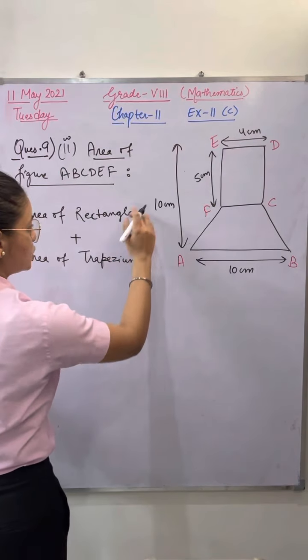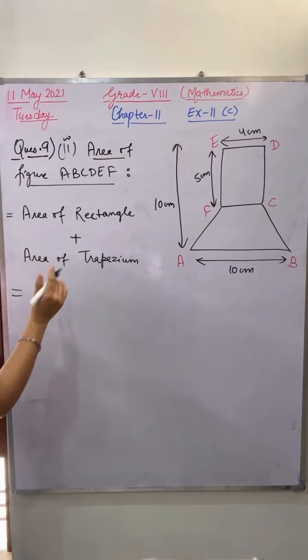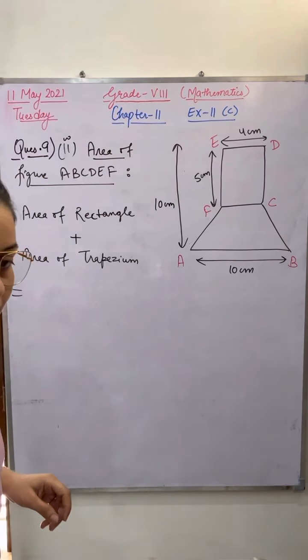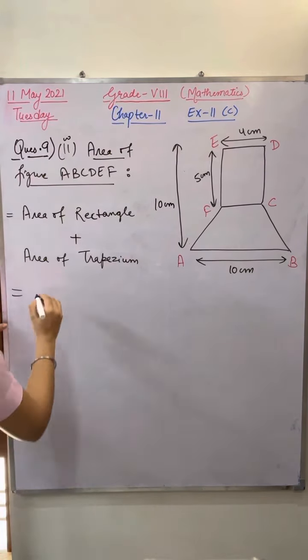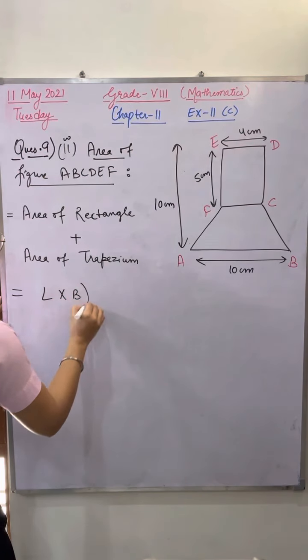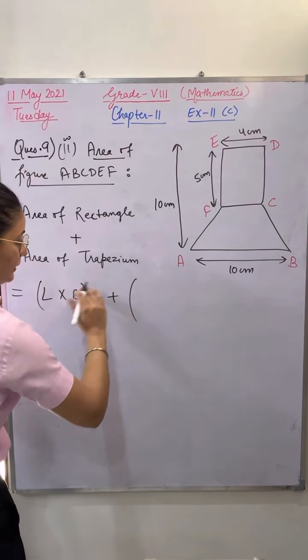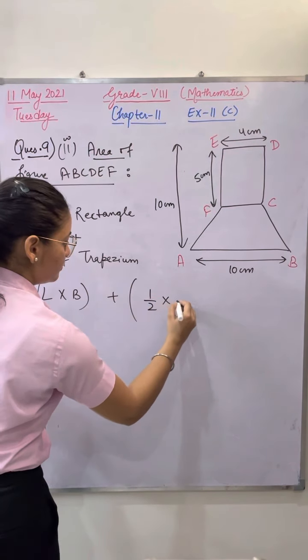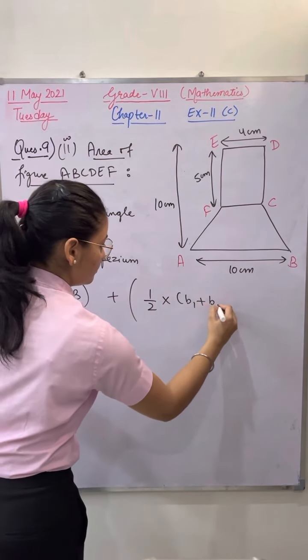Write down the name also, okay? Space is not there, so I'm not writing. Tell me the formula of area of rectangle first of all. Ma'am, length into breadth. Very good. Plus area of trapezium formula. Ma'am, half into (B1 plus B2) into height.